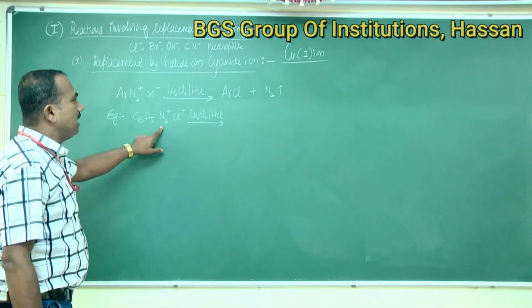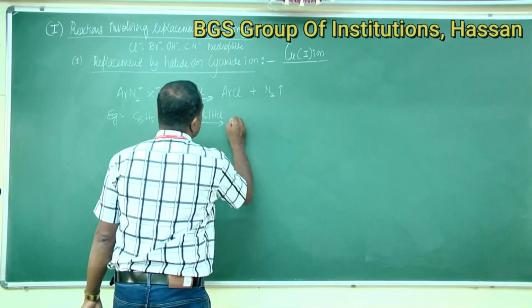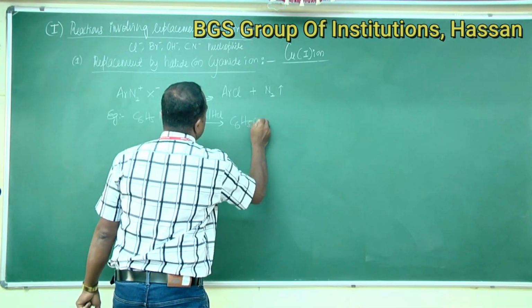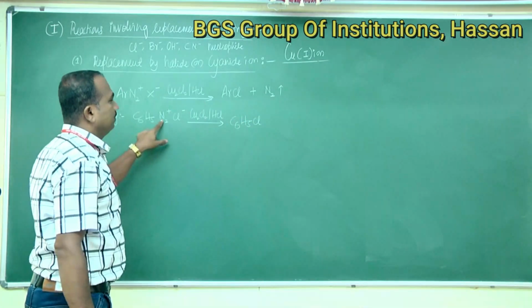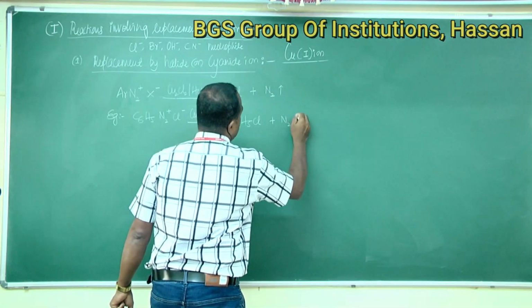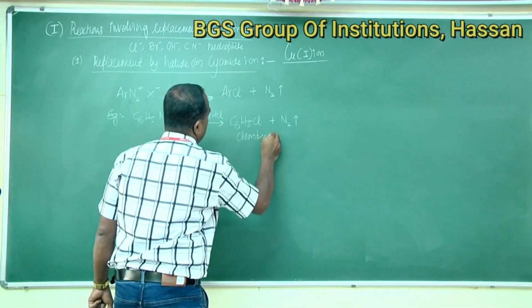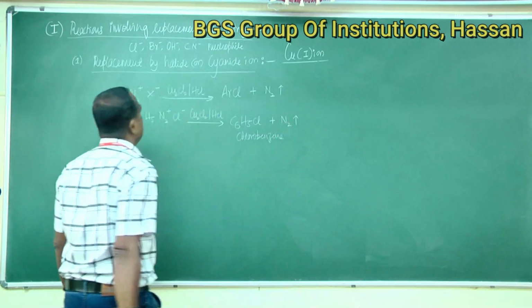in the presence of HCl gives chlorobenzene, C6H5Cl plus N2 gas. This is chlorobenzene.